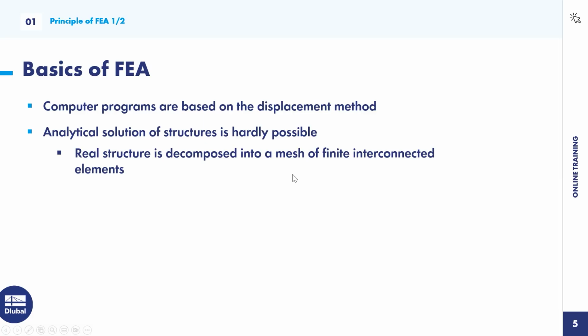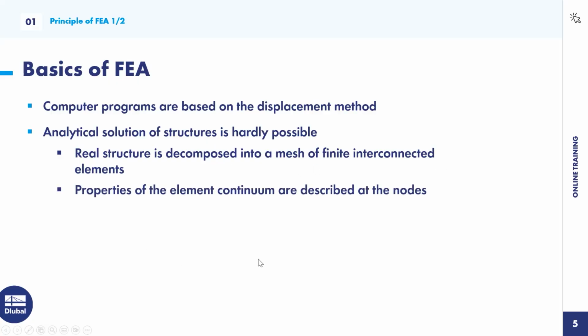We're gonna take the real structure and decompose it into a mesh of finite interconnected elements. So they're just a specified amount of elements in the system and they are connected to each other. We will see it in the next slide as well. There's some graphics for it for better understanding. Then what we also will need is to define the properties of the element continuum.